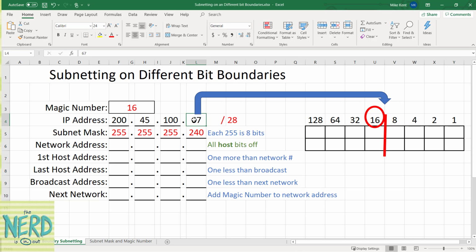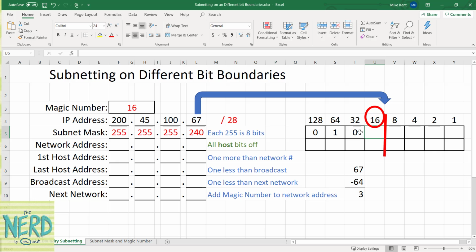So if I have 67, can I get a 128-bit? No. Can I get a 64-bit? Yes. Okay, so if I have 67, I just subtracted 64, and that's going to leave 3 left. That's going to leave 3 that I have not accounted for. So with the 3 that are left, I cannot get a 32.